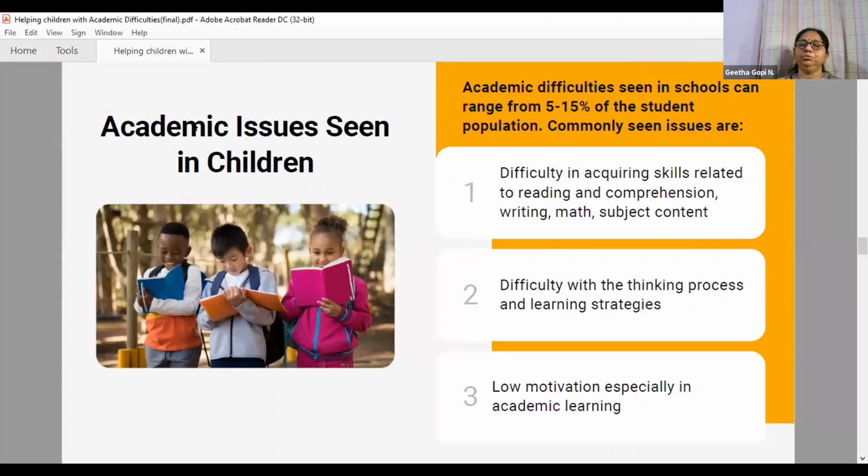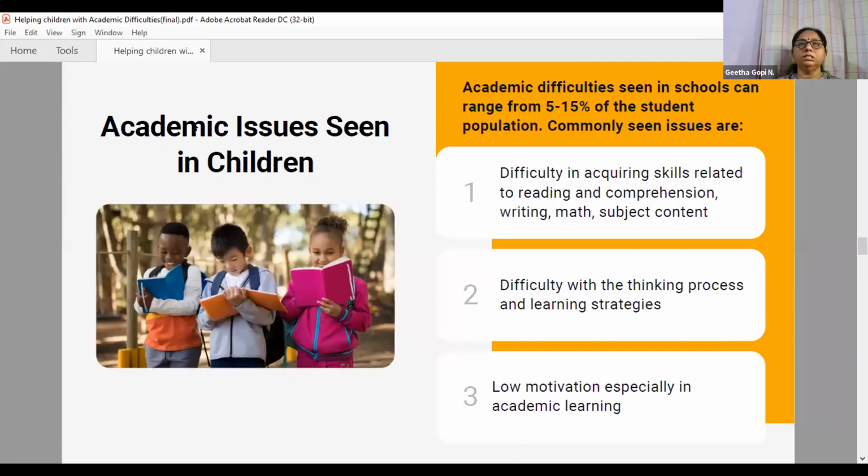The commonly seen issues in the classroom are difficulty in acquiring specific skills required for reading, for comprehending what they have read, for writing, whether it is handwriting or expressive writing, that is forming their creative writing to express their ideas, math, and of course, as I mentioned earlier, subject content matter. It depends on child to child. In any of these areas, children may have difficulties.